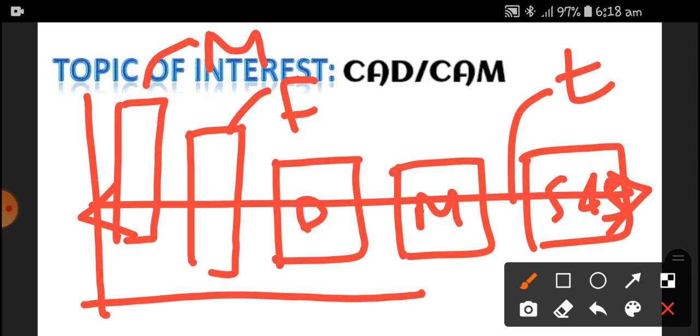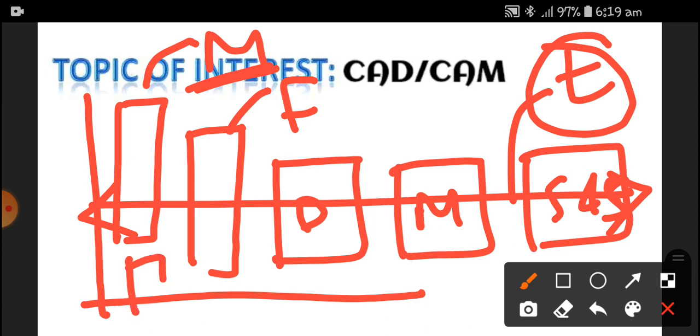But nowadays, if we take this much time, our competitor will overtake us. Therefore, we have to integrate several things in order to reduce this time. So here concurrent engineering is coming into the picture. First, they will do market survey. Simultaneously, they will do the feasibility survey, and simultaneously they do the design aspect and manufacturing aspect, sales and service.